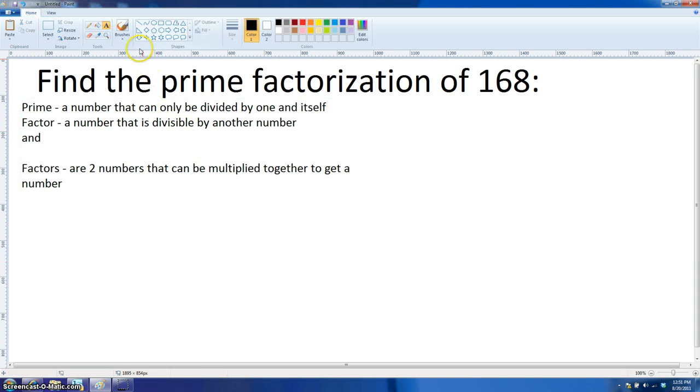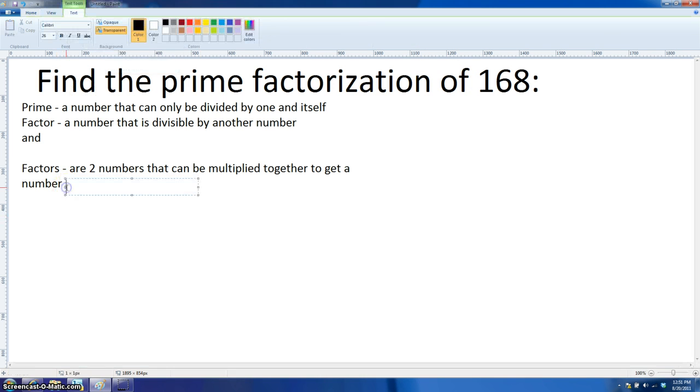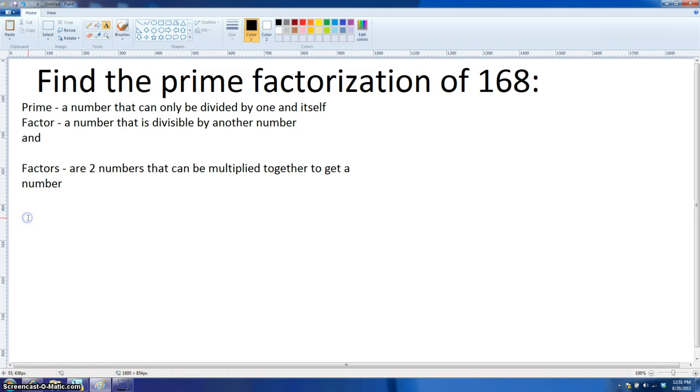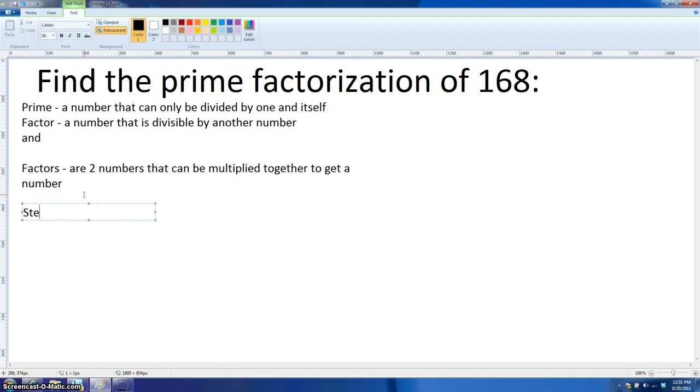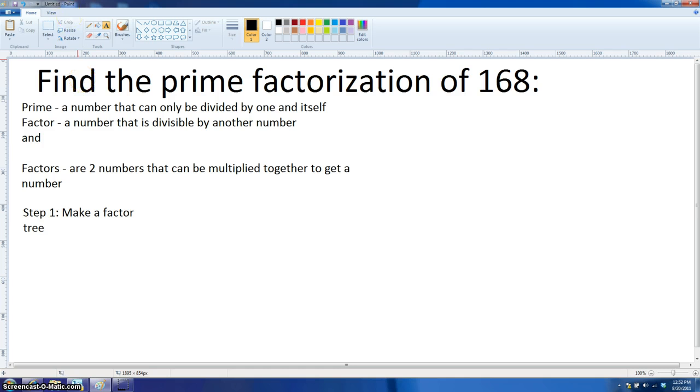Alright, so if I have to find the prime factorization of 168, let me start this out. The first step I do is to make a factor tree. Let me write that down over here. Step 1, make a factor tree. This is how a factor tree looks, in case you've never done it before. 168 decided to have 2 babies.